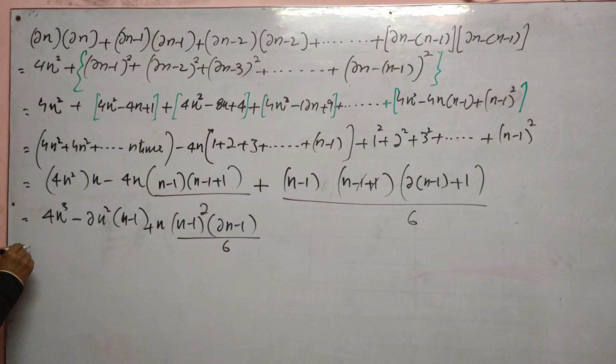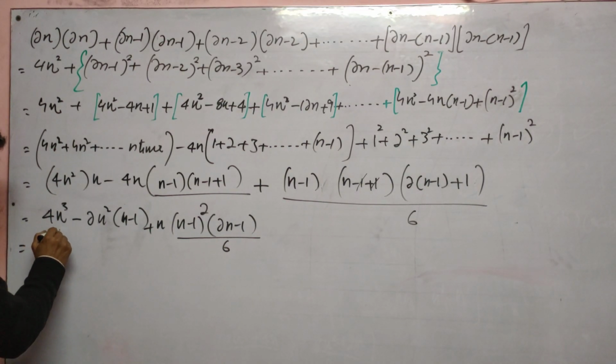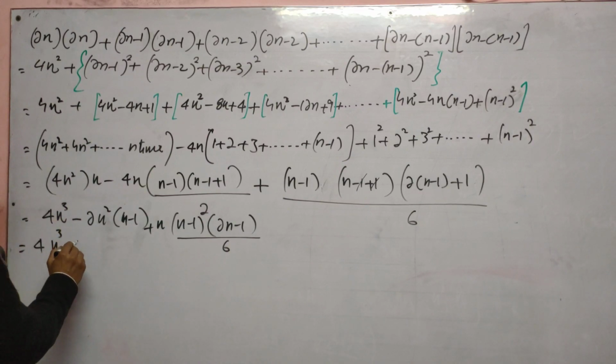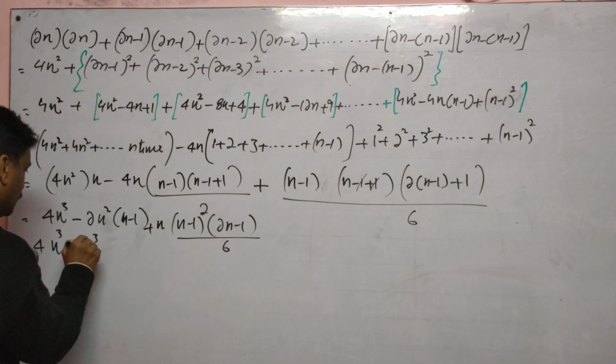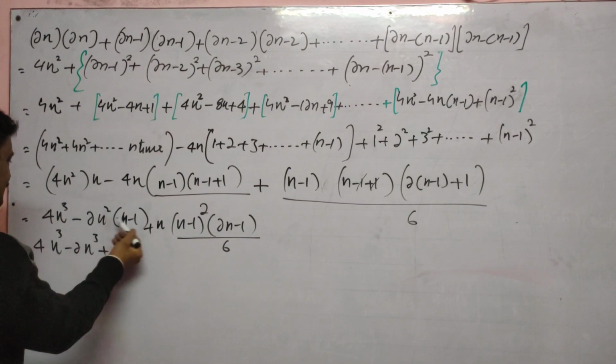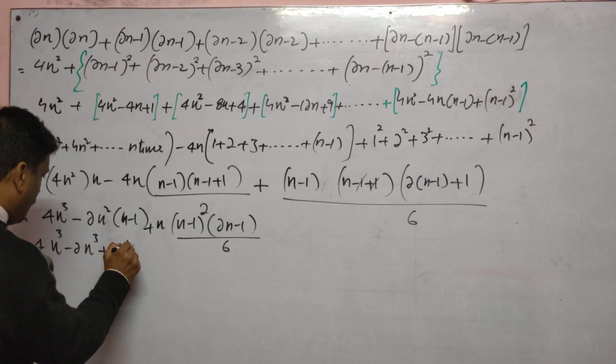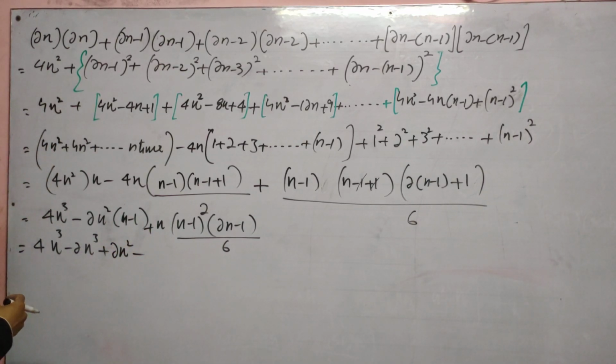After simplification we will get 4n cubed minus 2n cubed plus 2n squared plus 2n squared.